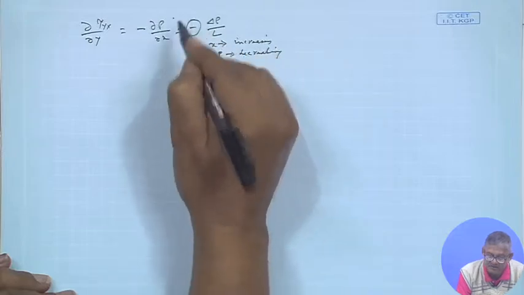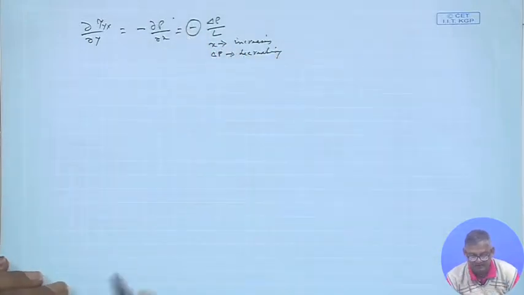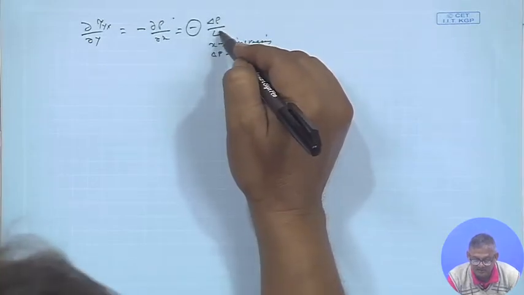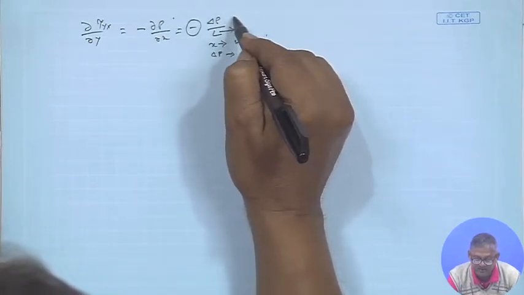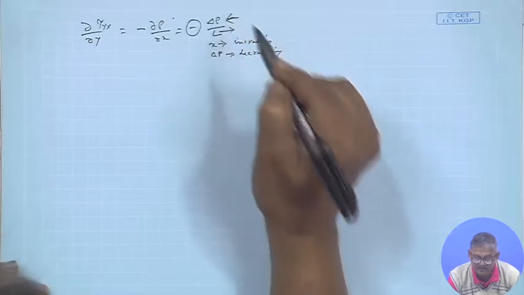The negative sign says that as L is increasing, delta p is decreasing.